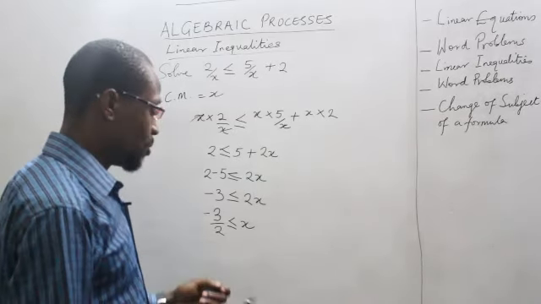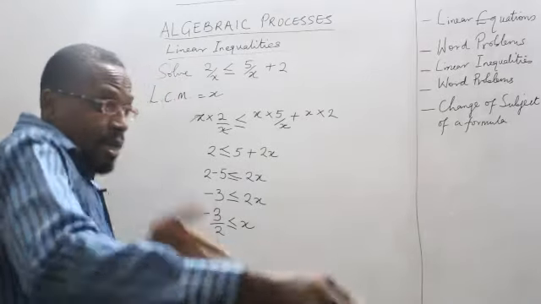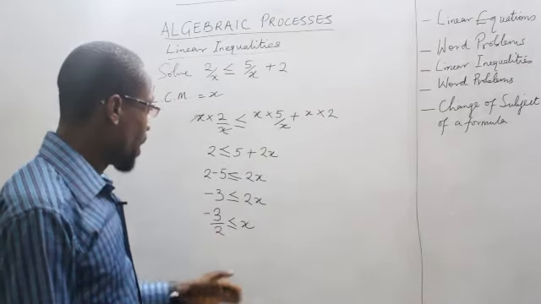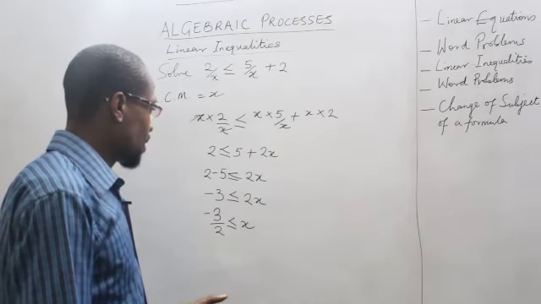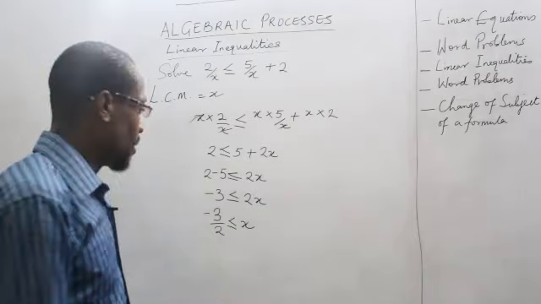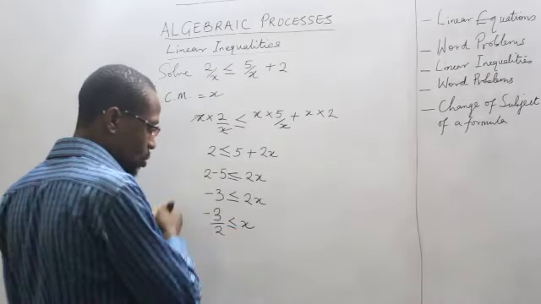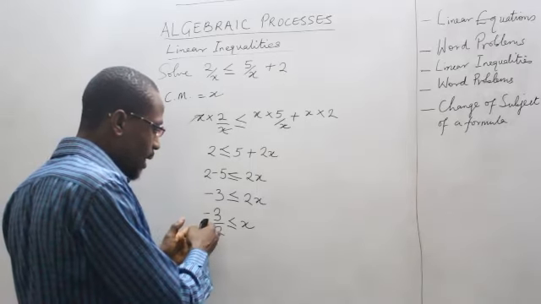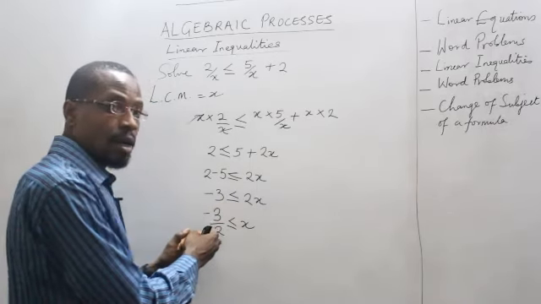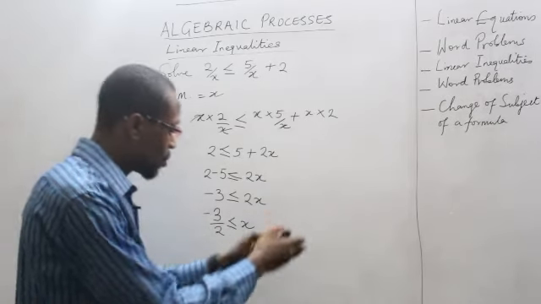Now, usually when we are solving equations, it is proper to say x equal to. So when we have to say x greater than or less than, it means we will bring x to this side and take the fraction, or our answer itself, to the other side.